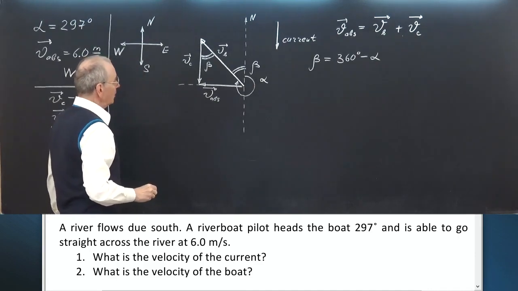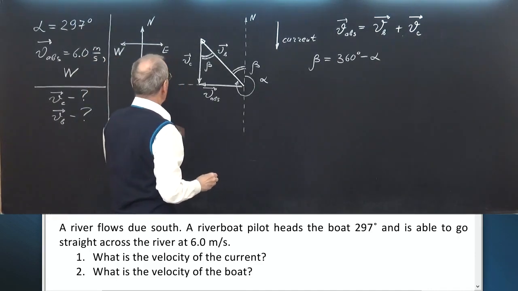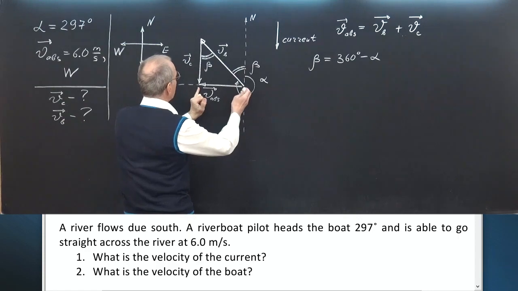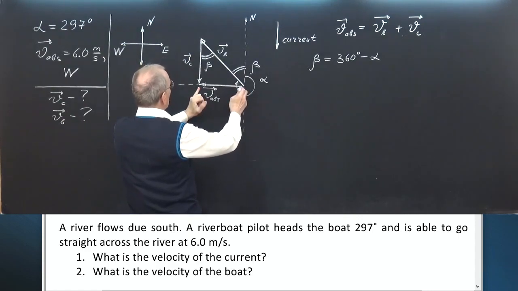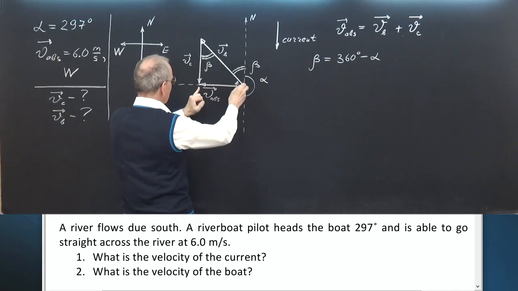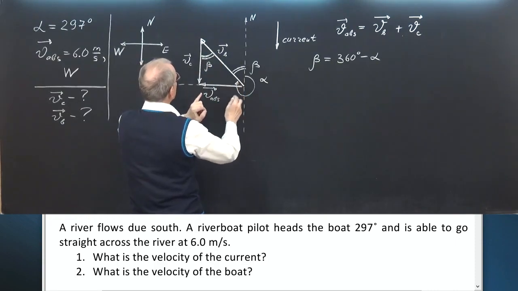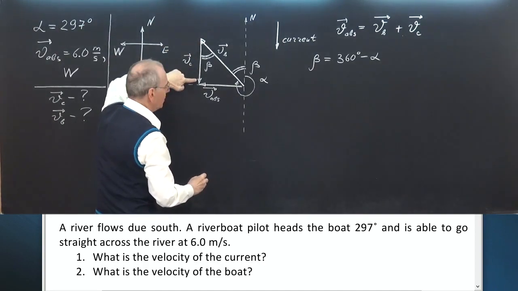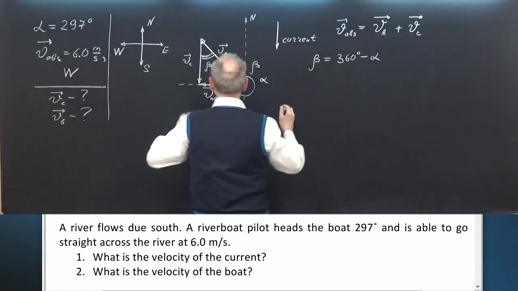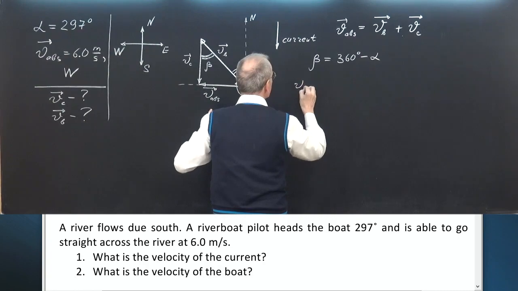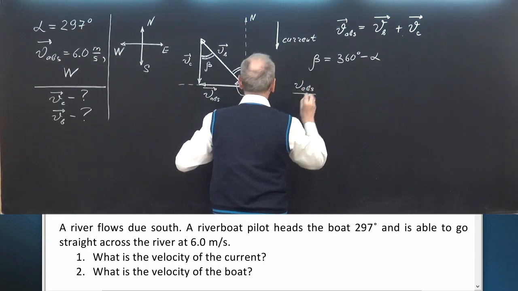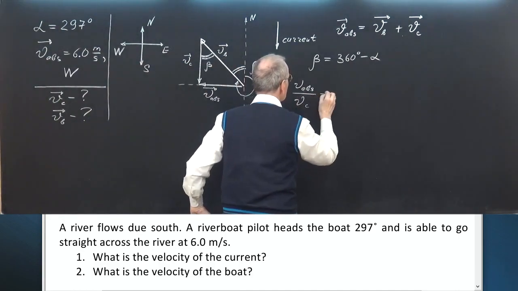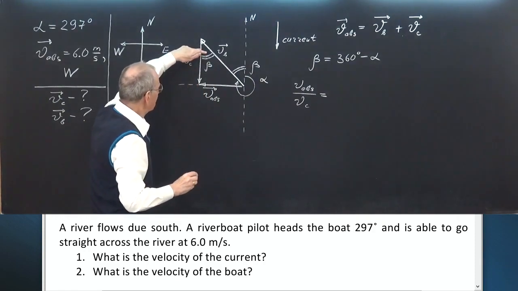Now we can use trigonometry. For example, in this right triangle, V absolute is opposite side of triangle, opposite leg, and V current is adjacent side. So we can write V absolute divided by V current equals tangent beta.